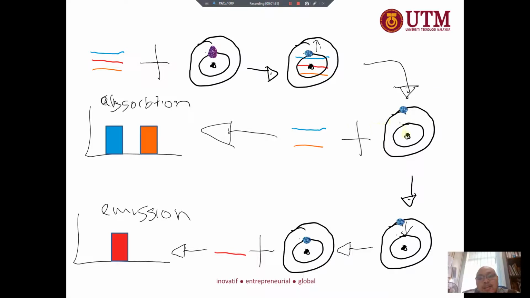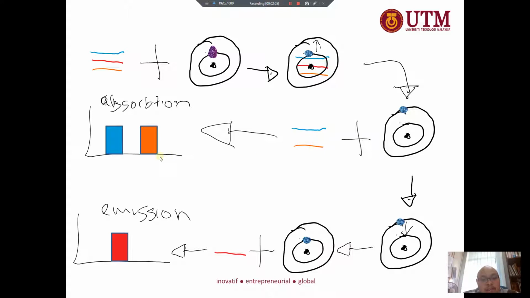The other two frequencies are not absorbed, so when they reach the data reader, it will show the absorption spectrum. Because the red one is absorbed by the analyte of interest, only blue and orange will be displayed.